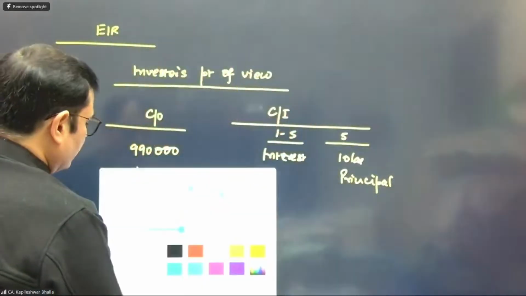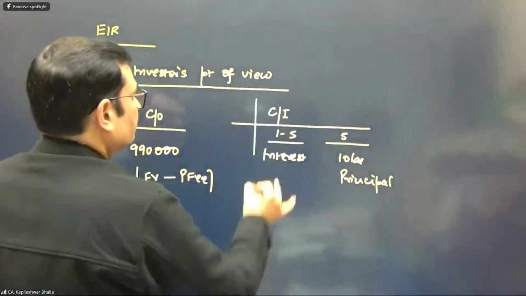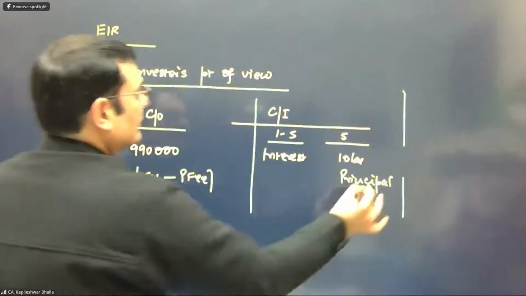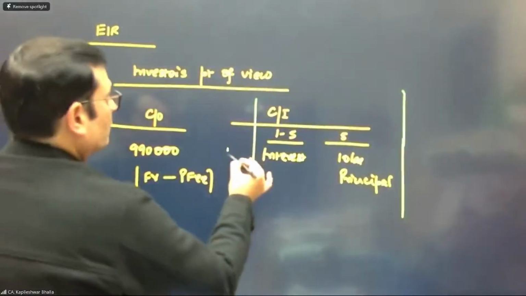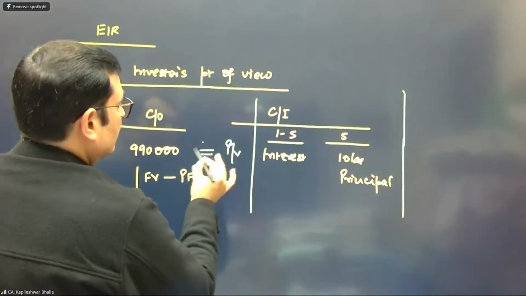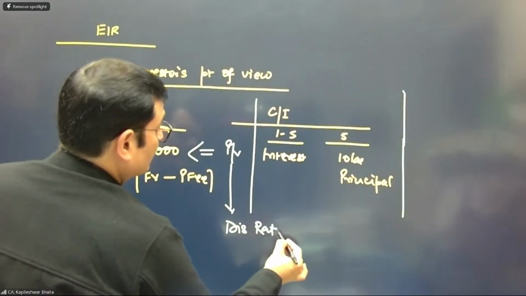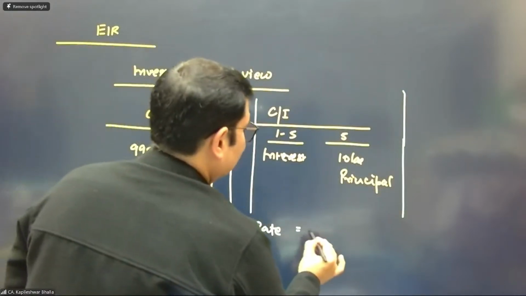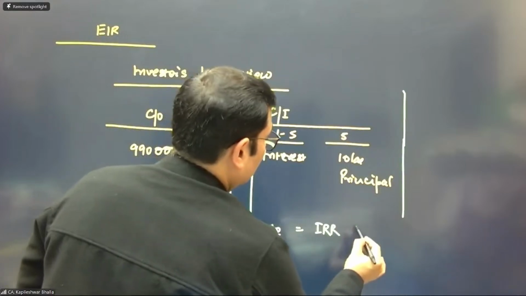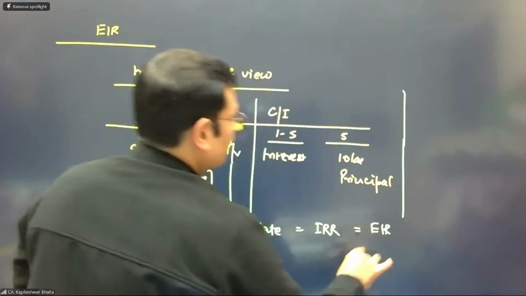In this particular case, you do the same calculations. You need to consider what is the discounting rate at which the present value equals this. So get that discounting rate at which the present value of inflow equals this, and that is the internal rate of return, or this becomes the effective interest rate.